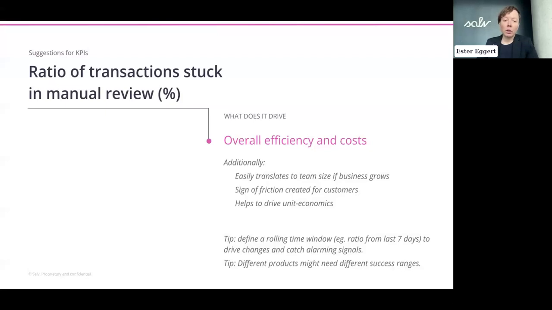But we would like to highlight two main KPIs in today's webinar. One was actually already mentioned: the ratio of transactions that get stuck in manual review. This is a very good one because it highlights your scalability. In theory, you can also differentiate between different markets here if you have a global reach with your business, but you don't need to. We were also talking about realistic targets here, what is achievable and what is not.